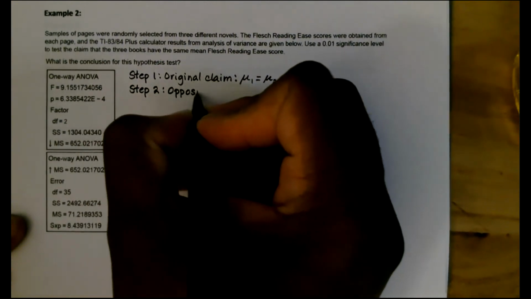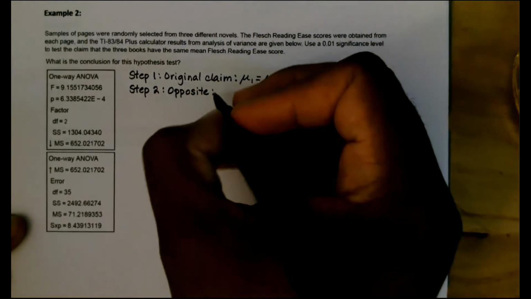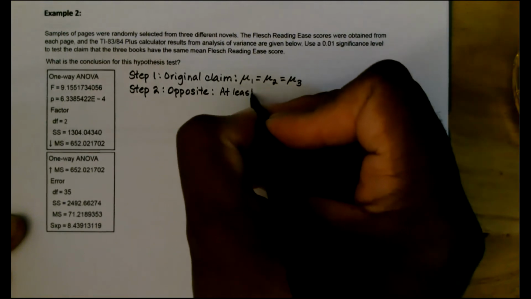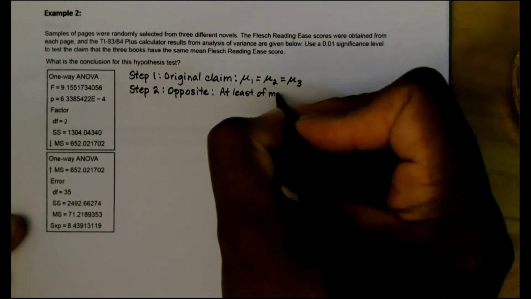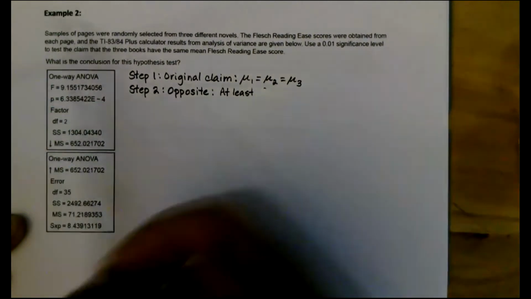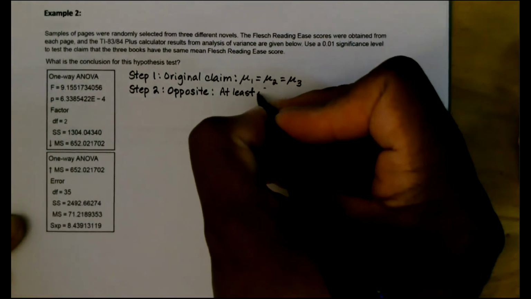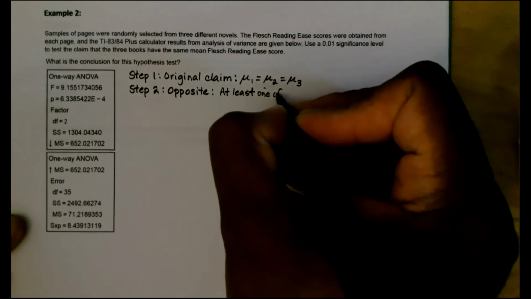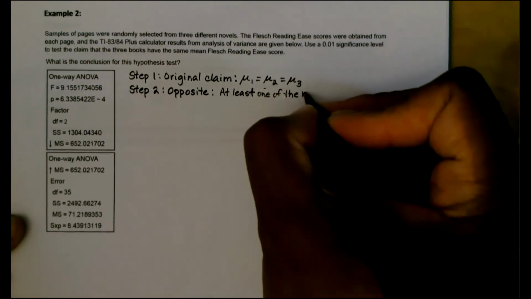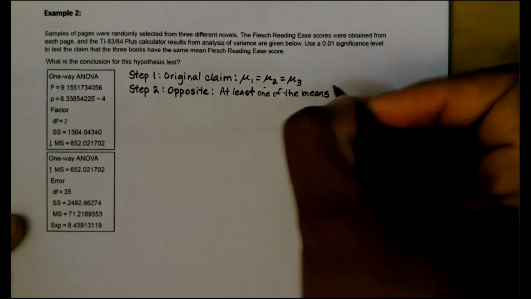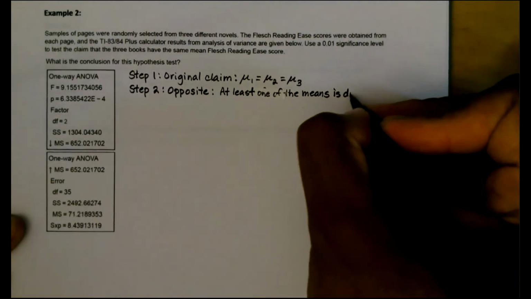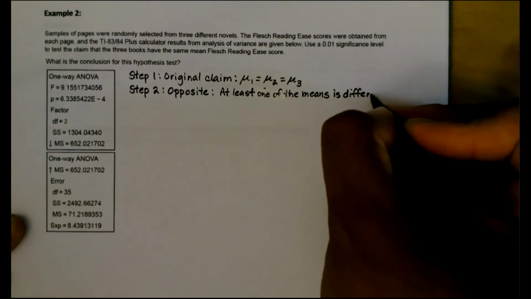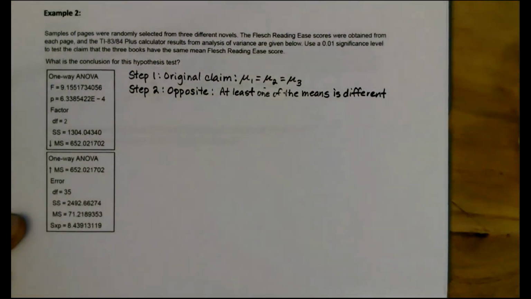Just like we did in example 1, I'll just have to write this out in words saying that at least one of the means, we don't know which one, is different. All right, that's the opposite of the original claim.